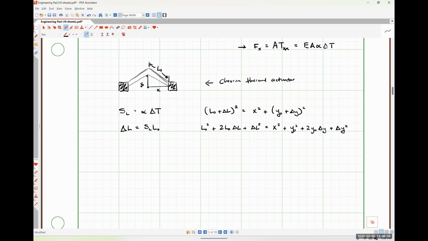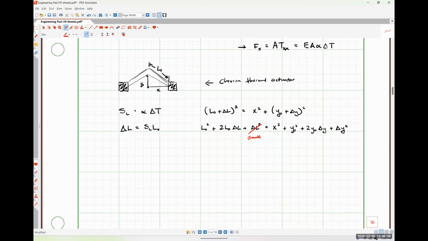So, couple of things. First, we are going to make an assumption here, and this should be a pretty easy assumption to make, that delta L squared is going to be very small. So that can effectively be neglected, right?